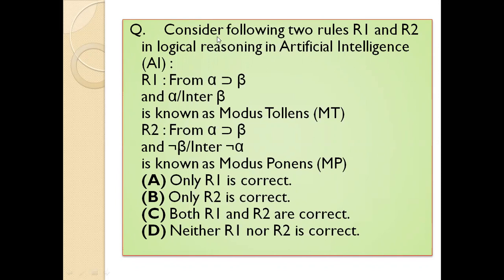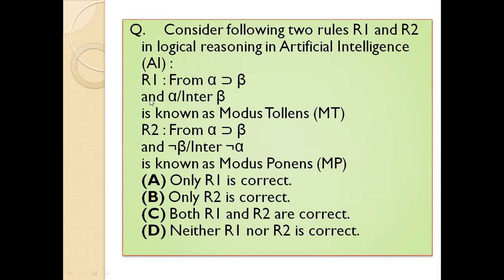The question says: consider the following two rules R1 and R2 in logical reasoning in artificial intelligence. R1: from alpha to beta. You can consider alpha as a superset of beta. This means alpha can imply beta.